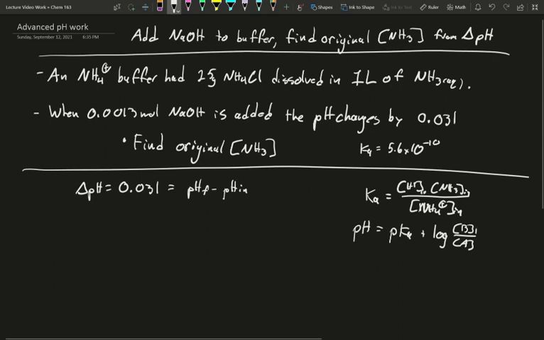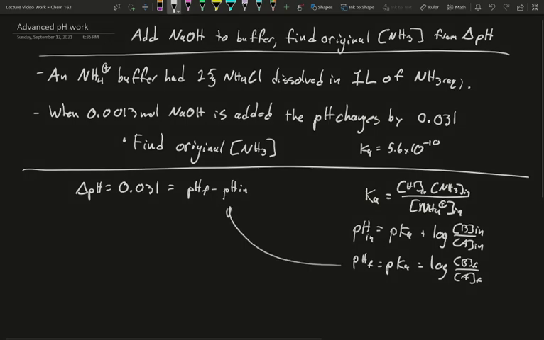All that's really going to change is if I want my pH initial, then I need my initial base and my initial acid. And if I want my pH final, well, pKa is still the same, but I just use the differences in concentration. What's my base final? What's my acid final? I can plug this in here.